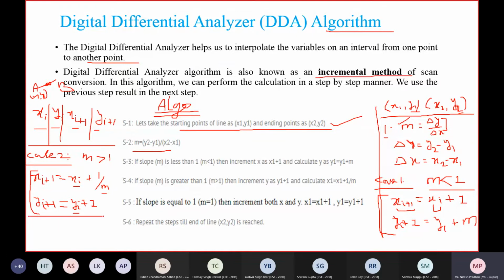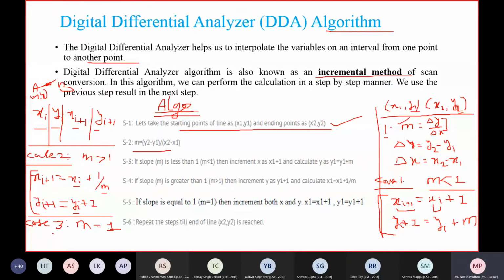Now guys, the last case is case 3. Case 3 is when m is equal to 1. It means the change in x and y are the same.